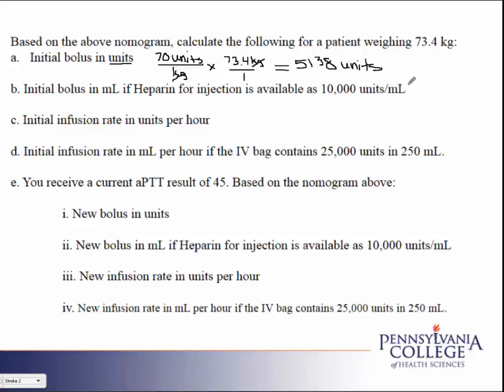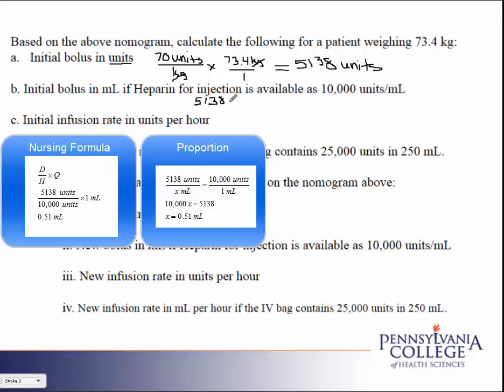Part B. The initial bolus in milliliters if heparin for injection is available at 10,000 units per milliliter. We're going to take our answer from Part A, and that is the desired amount. Some of you prefer to do the nursing formula or to do a proportion. I'm going to set this up using dimensional analysis, although any of the methods would work.